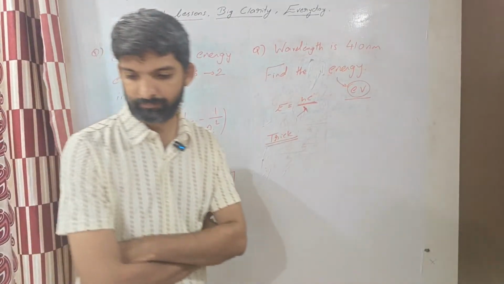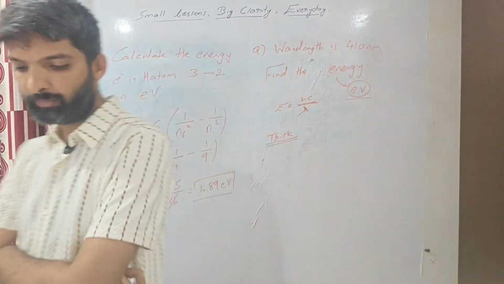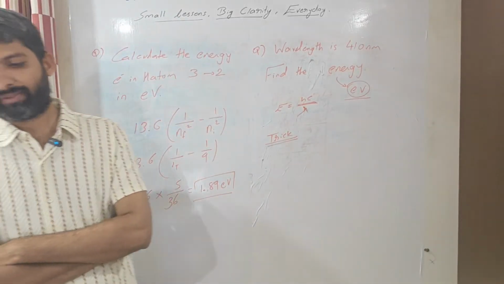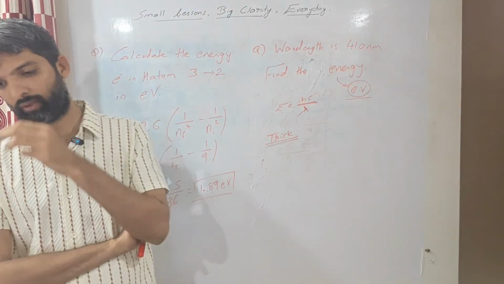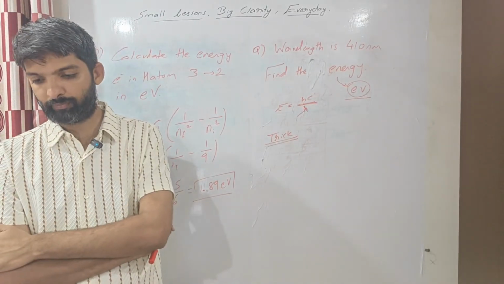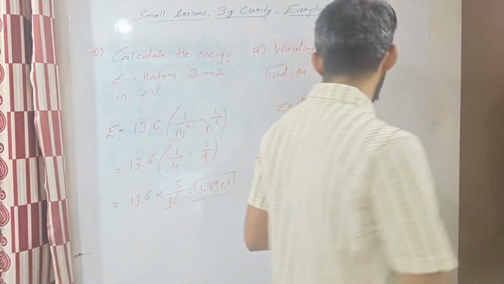Divide with 1.6 into 10 power minus 19. That is the way you can convert it from joule to electron volt. So 3 eV is the right response.